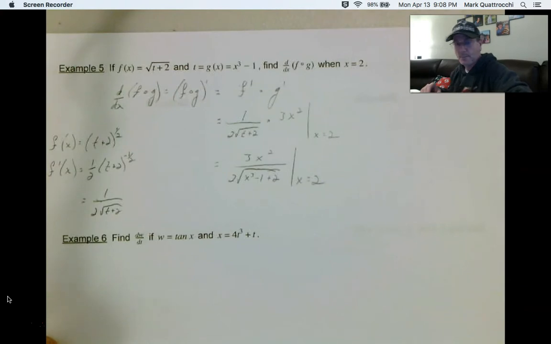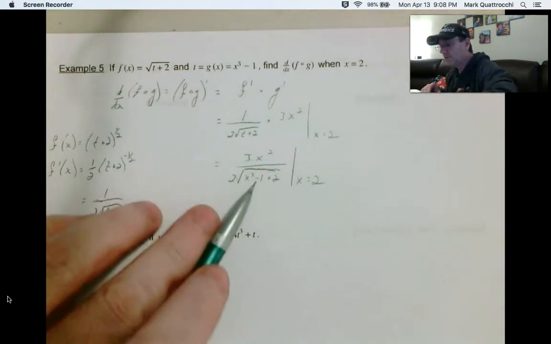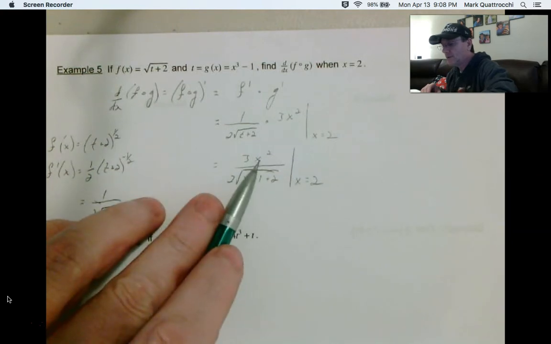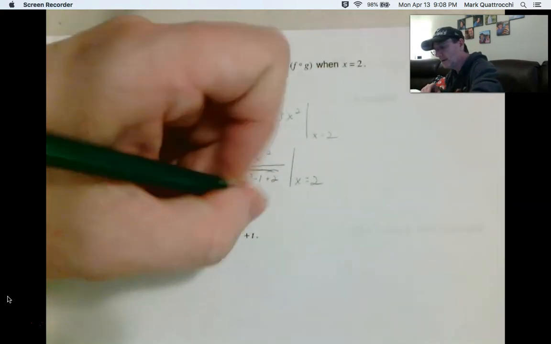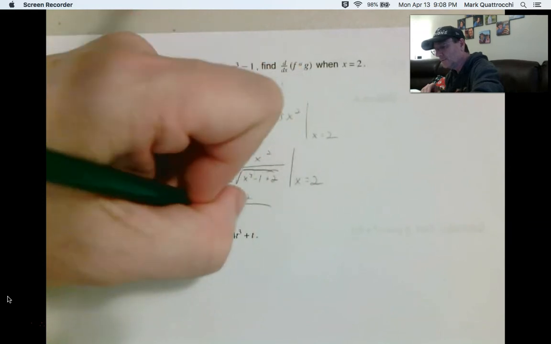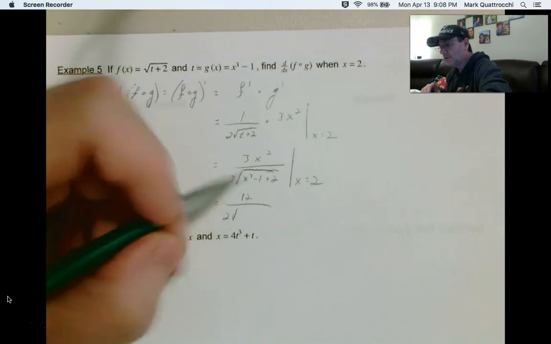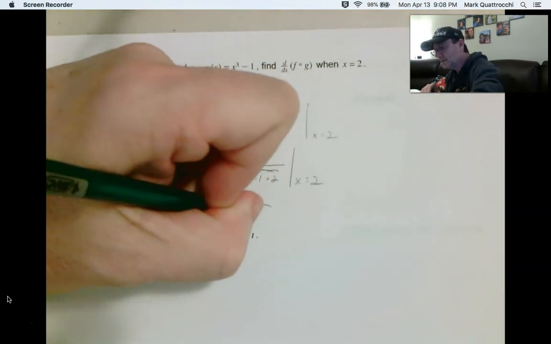So I'm going to plug 2 in for all this. This is really just 1. Can we remember that? 2 squared is 4 times 3, 12. 2 square root, 2 cubed is 8 minus 1, plus 2.